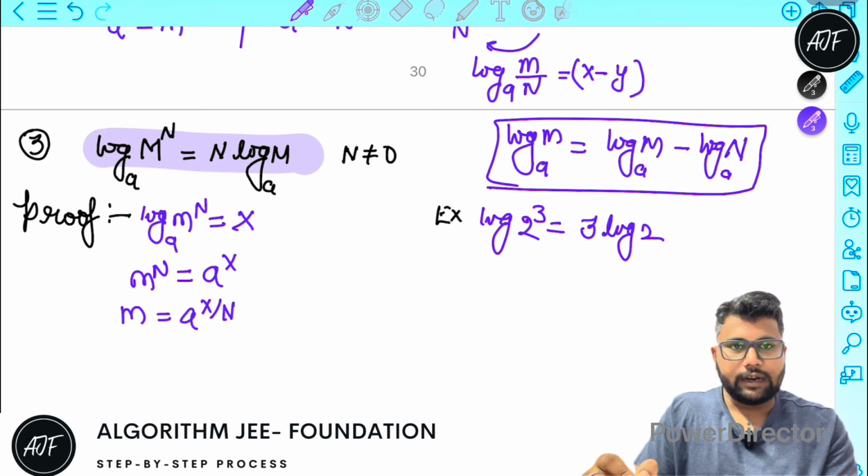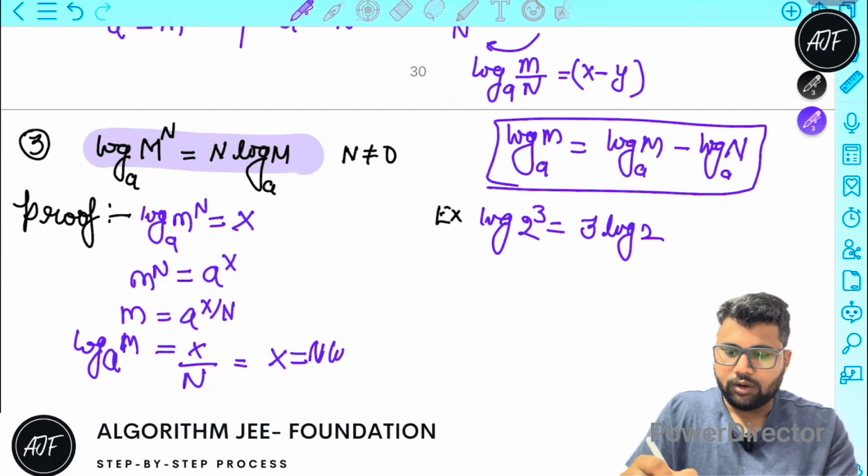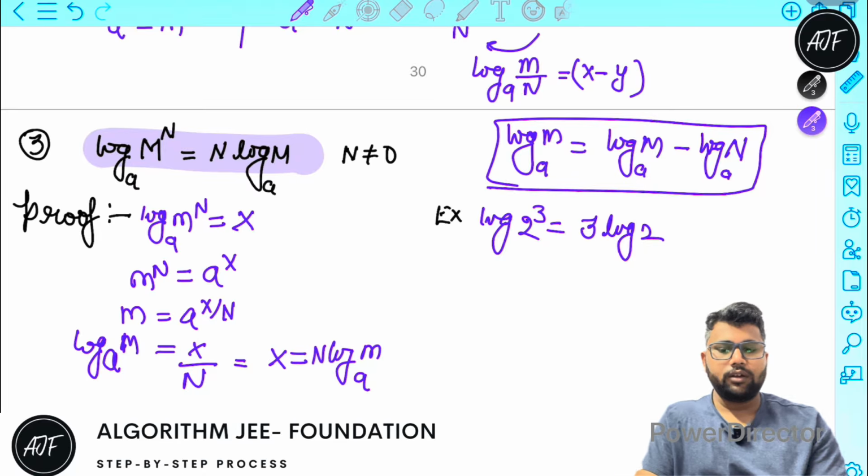After that, again take the log: log m is equal to x upon n. After that, if n is shifted by multiplication, then x is equal to n log m base a, simply. So that's the proof.